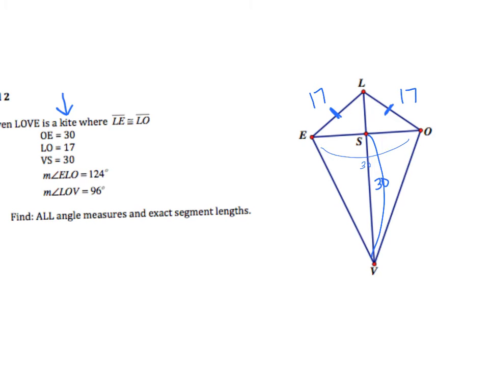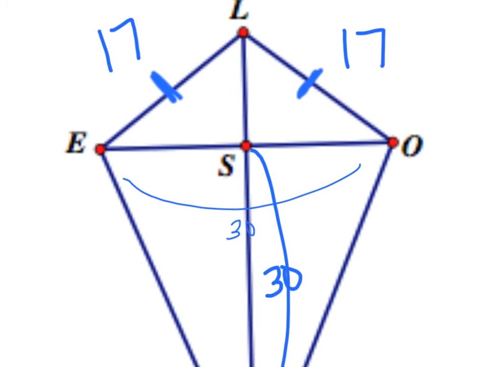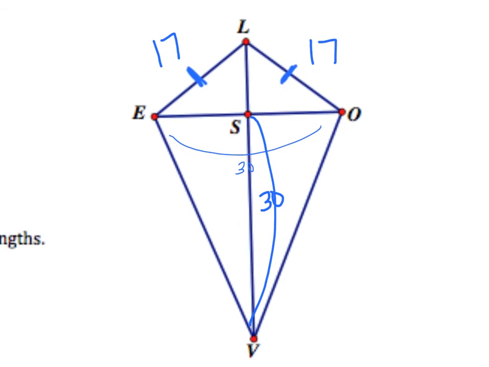So let's go ahead and see if we can figure something out from here, just on the side lengths, and then we'll put in the angles. Looking at this picture, we know that LO is equal to LE. So that makes those the two congruent sides of the kite, which makes these congruent down here. The second thing that you know about a kite is, look at your family tree and figure out what you know about the diagonals.